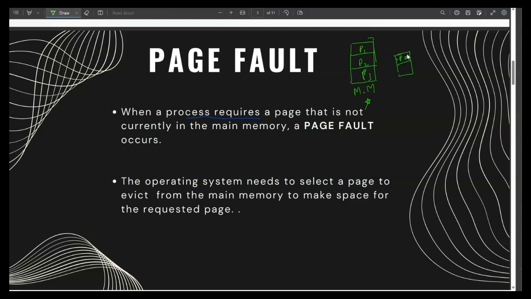Suppose here the victim page is page 1, so page 1 will be swapped out and page 7 will be swapped in place of page 1, and this is called page replacement. Because of a page fault, page replacement occurs. The operating system needs to select a page to evict from the main memory to make space for the requested page. Suppose the operating system selected page 1 to be evicted to make space for page 7.